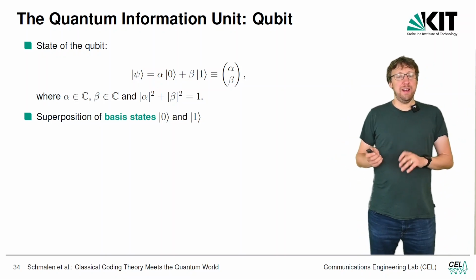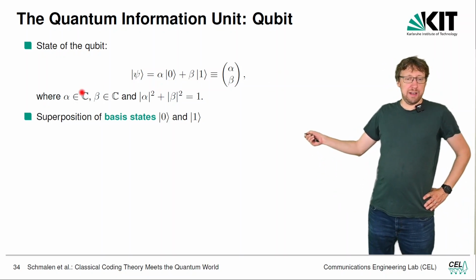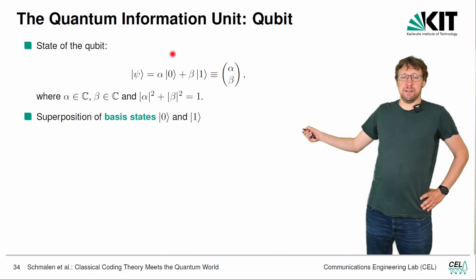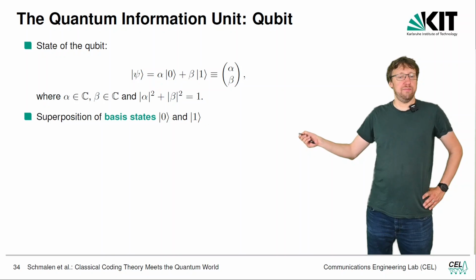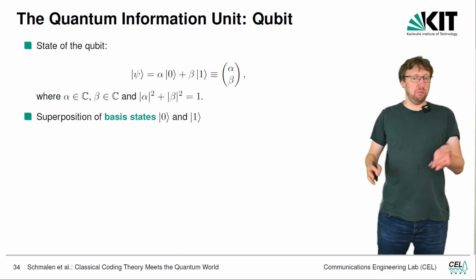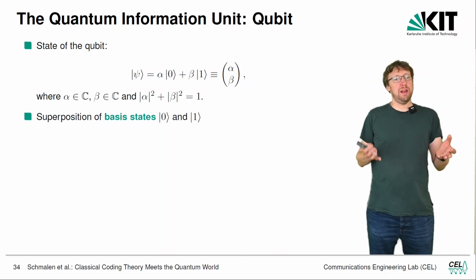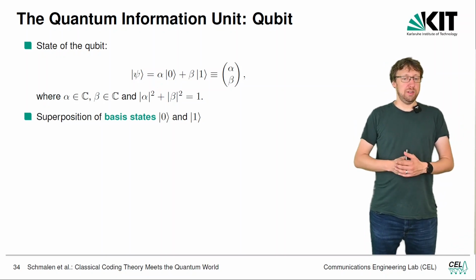Now alpha and beta are complex numbers such that the absolute value of alpha squared plus the absolute value of beta squared is equal to 1. And that means that the state is essentially a two-dimensional complex vector with an extra constraint. That is a qubit. So think of a qubit as a vector with complex coordinates with some normalization constraint.